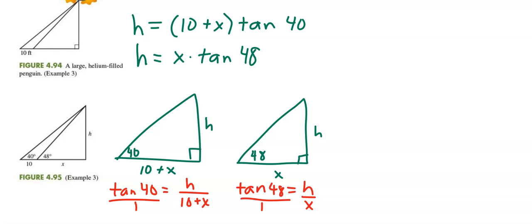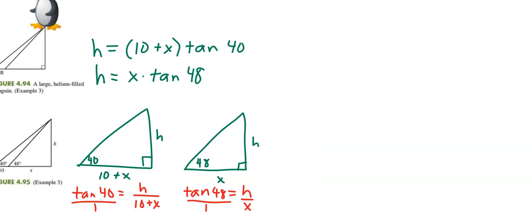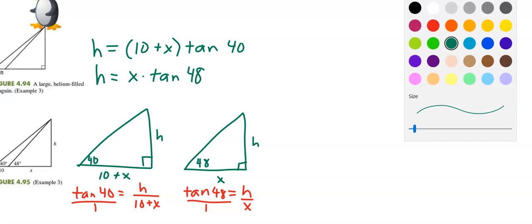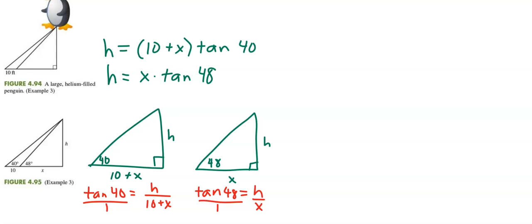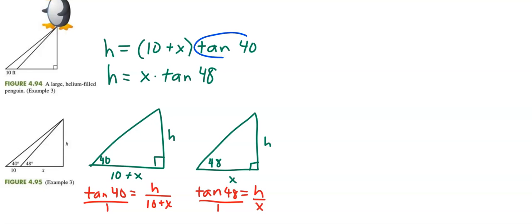Now, if I don't simplify what those tangents are, you're going to get really mad at me, because it'll look very ugly with a lot of tangents everywhere. So what I want you to realize is that tangent 40 is a number, and tangent 48 is a number.